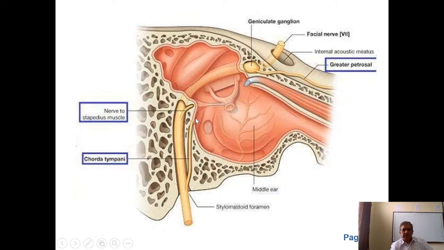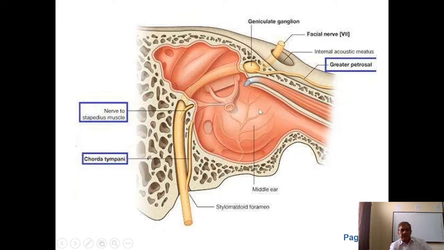Then you have the chorda tympani, which carries the taste sensations from the tongue, and also the secretomotor fibers for the submandibular and sublingual glands. And there is another nerve, a branch of the glossopharyngeal, which forms a plexus on the promontory. That is the glossopharyngeal nerve plexus on the promontory, and the Jacobson's nerve.